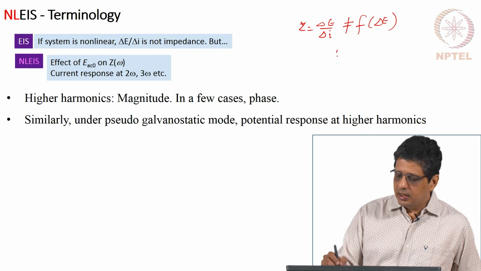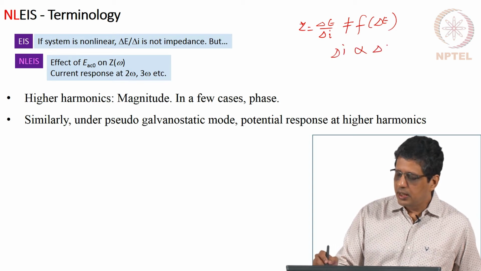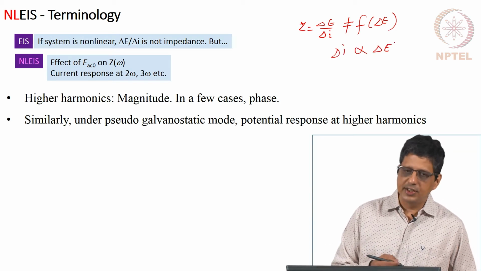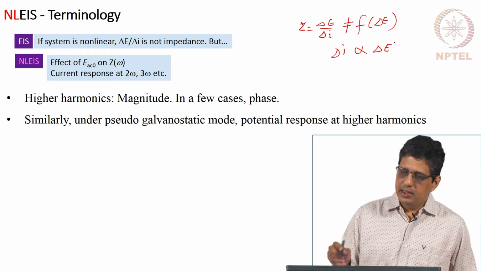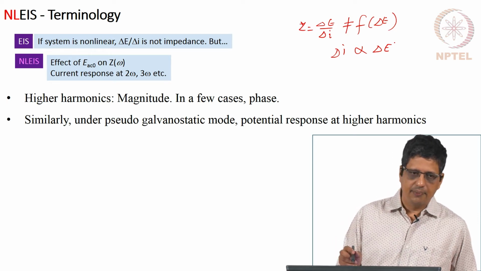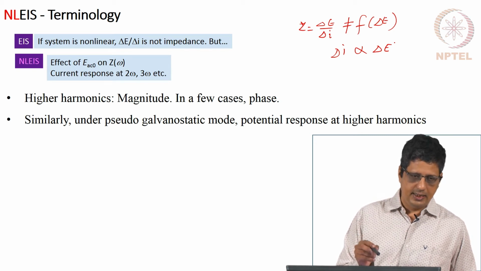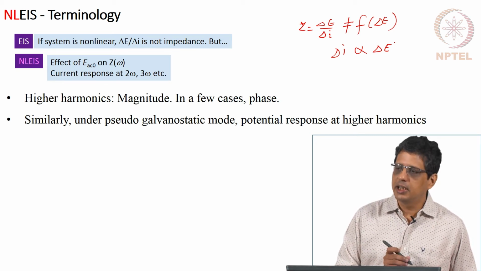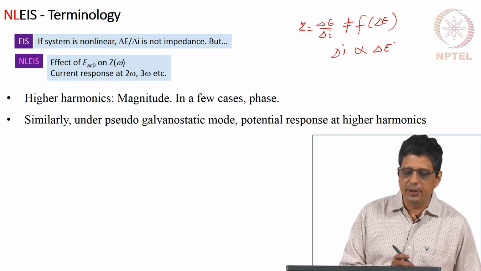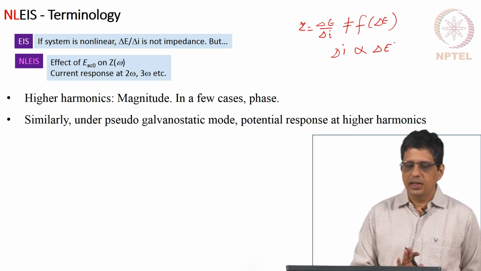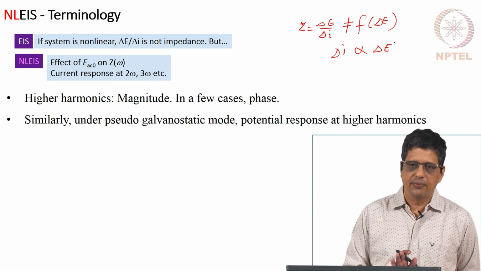Del I is proportional to del E, that is another way of saying it. This is valid if the system is linear. If the system response cannot be linearized, then strictly speaking this is not a correct definition of impedance. It is just a transfer function.